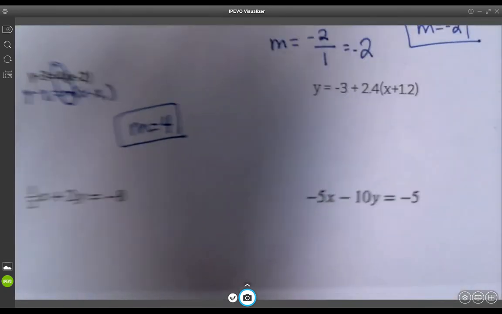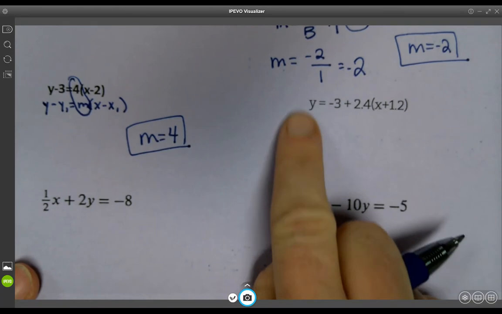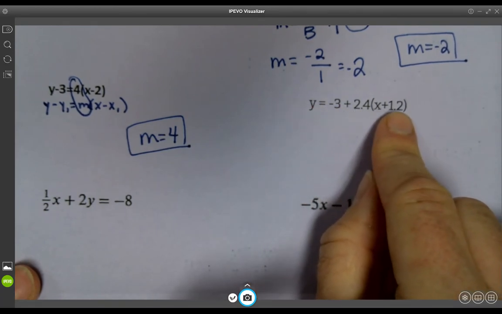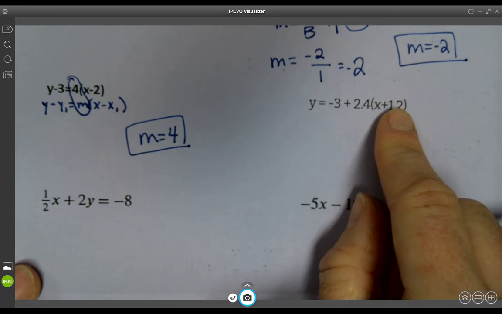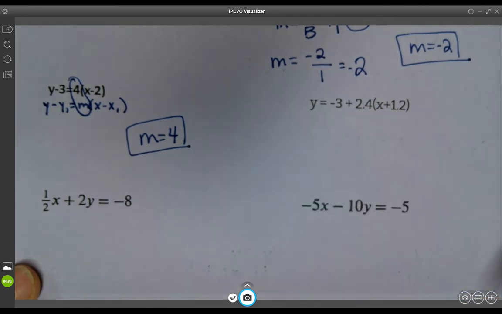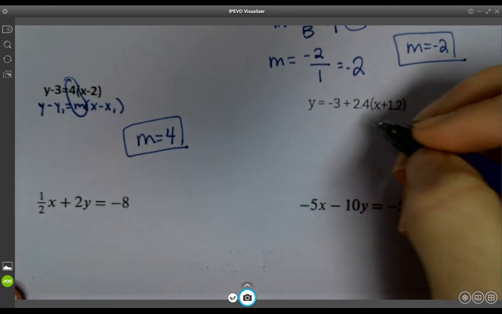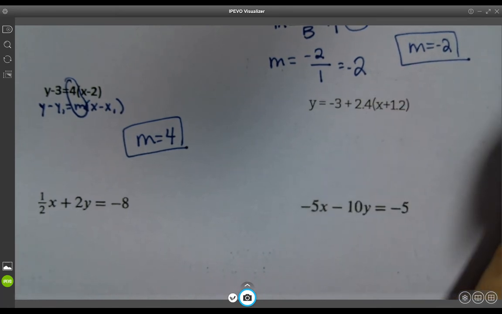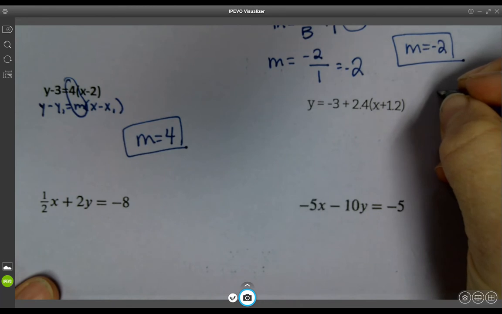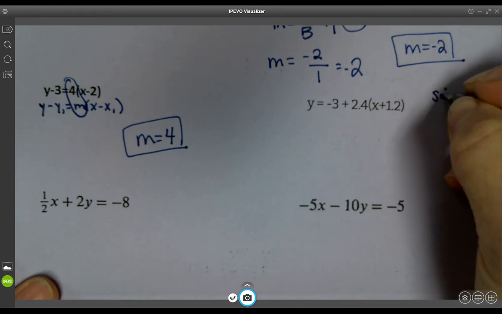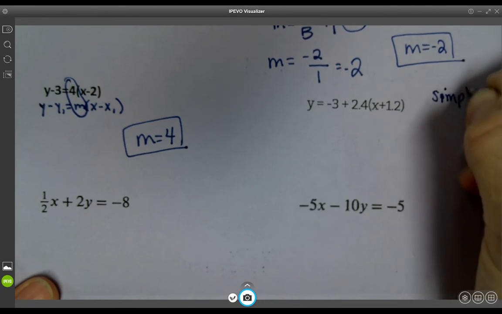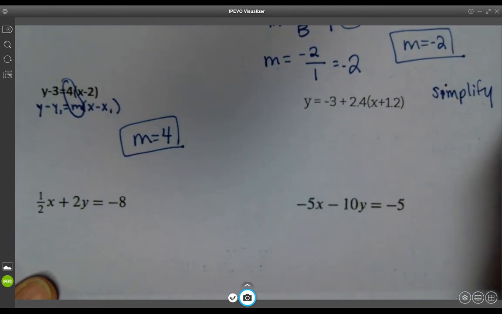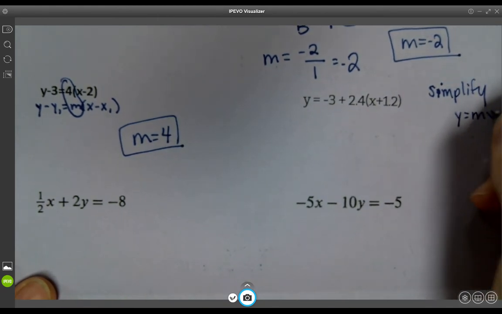Okay, so let's go to the next one. y equals negative 3 plus 2.4 parentheses x plus 1.2. That's not written in any form. So you think it's 2.4. It is. The way you could show it is just by simplifying, so that it says y equals just mx plus b.